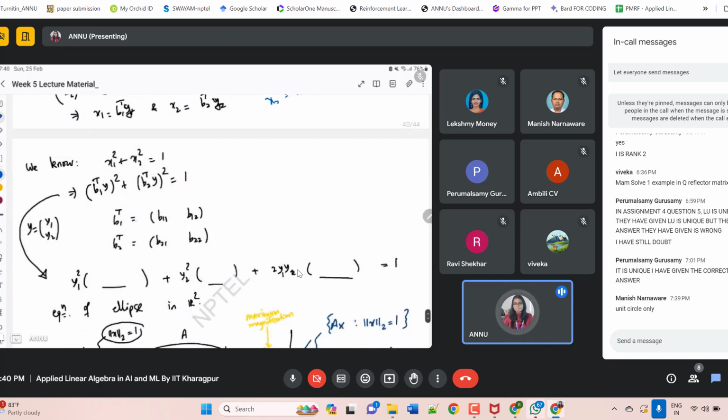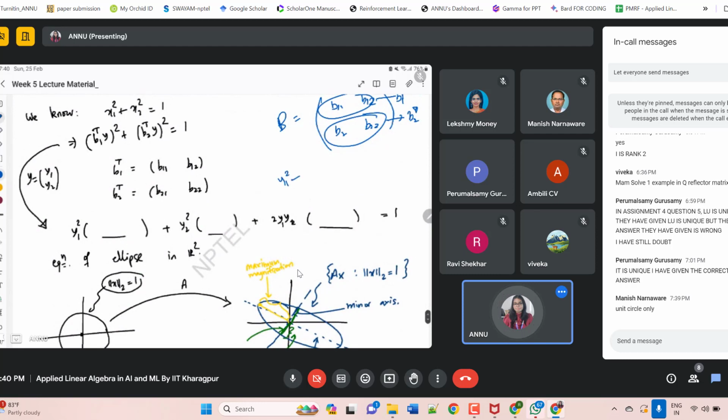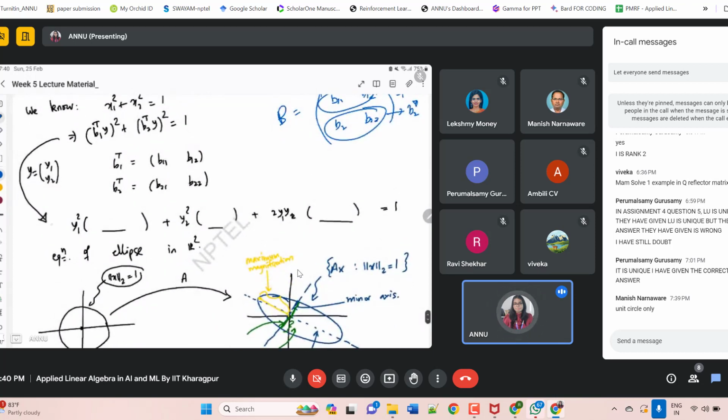B is the matrix with entries b11, b12, b21, b22. Finally you get y1 square plus y2 square terms equal to some value, and after the transformation, what you find is the equation of an ellipse.